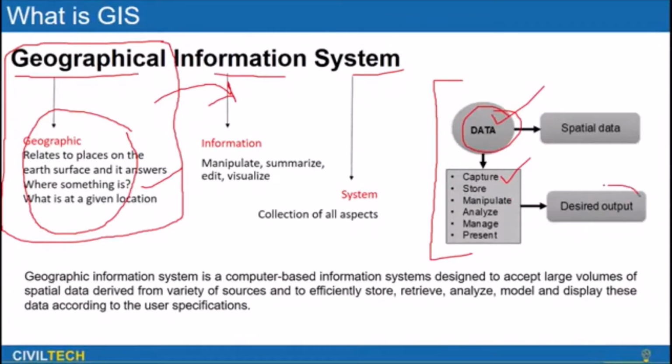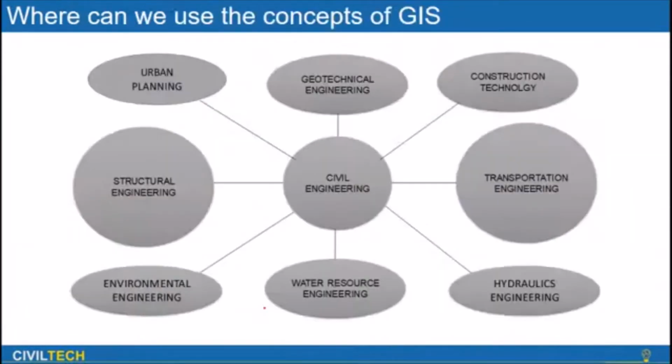So the desired output will always be in terms of a map, right? This is the classical definition of geographical information systems that you come across in various blogs, textbooks, or various research articles.